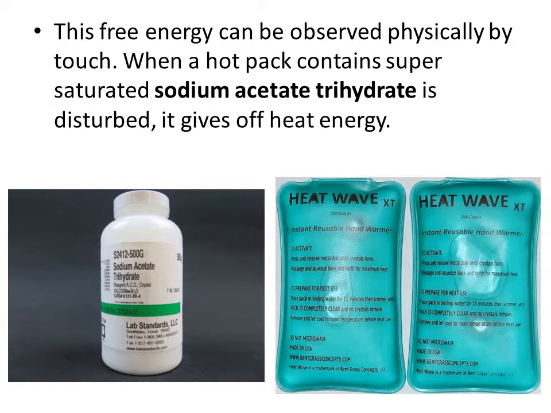So in chemistry class, you'll mix this compound in a beaker and then you will disturb it. After disturbing, the beaker will become warm. This is demonstrating an exergonic reaction, and you can detect it physically by touch.